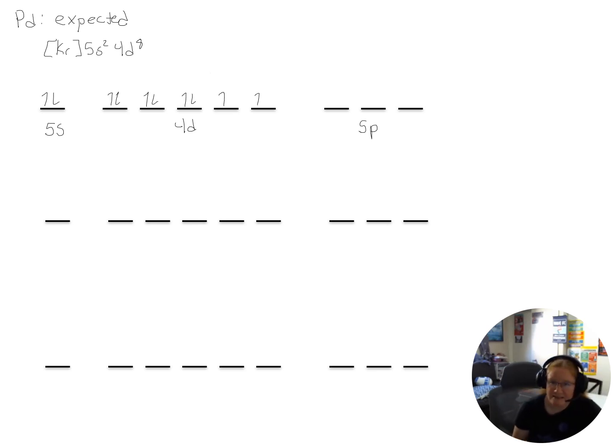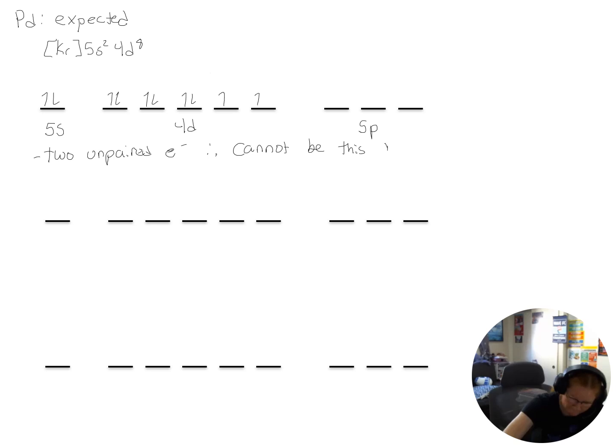Now in this situation, we have two unpaired electrons. Therefore, this cannot be right if palladium is diamagnetic.